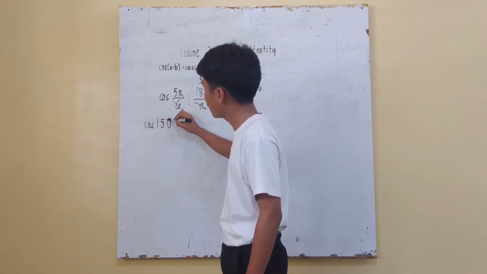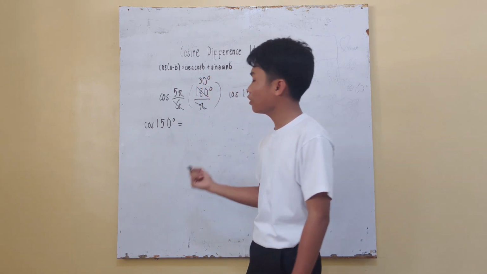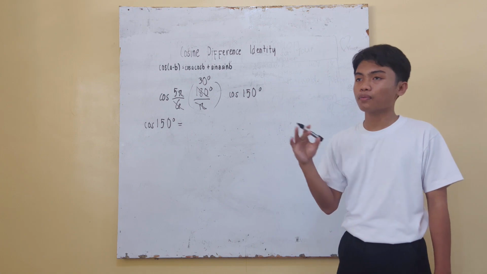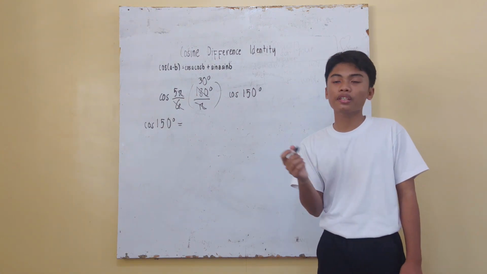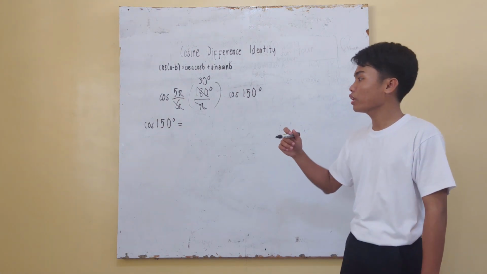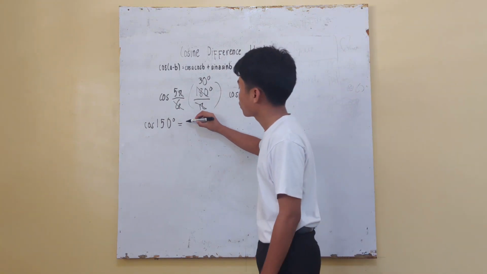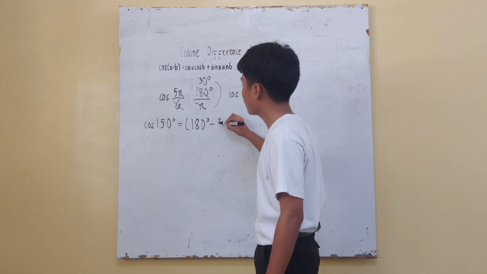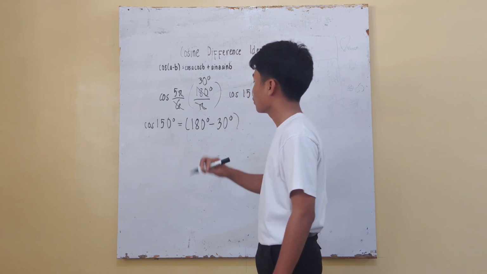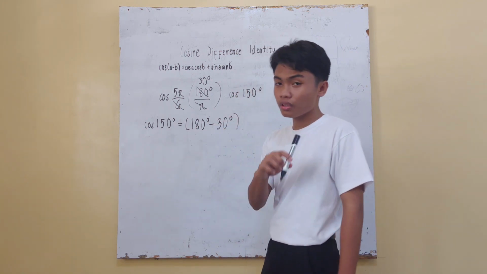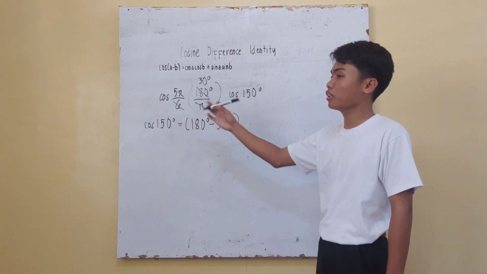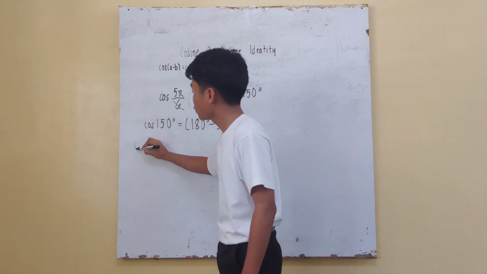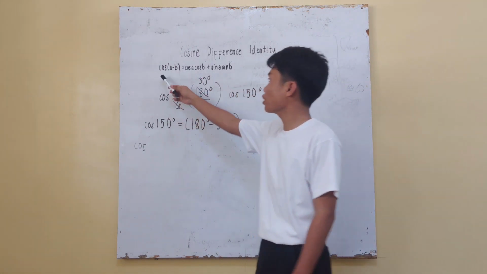Cosine 150 degrees. So we need to find two standard angles that if we subtract them, their difference is equal to 150 degrees. We have 180 degrees minus 30 degrees. So let's substitute into the formula.